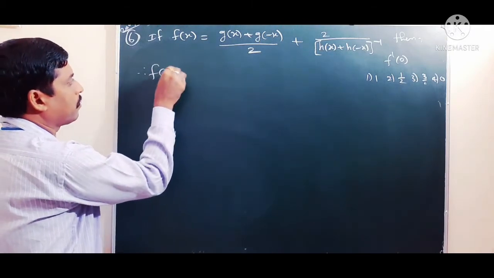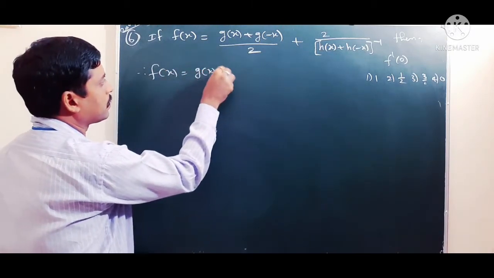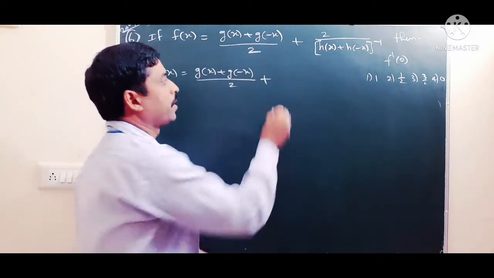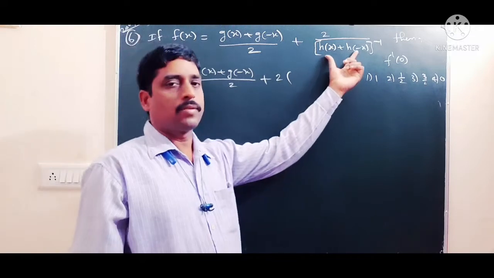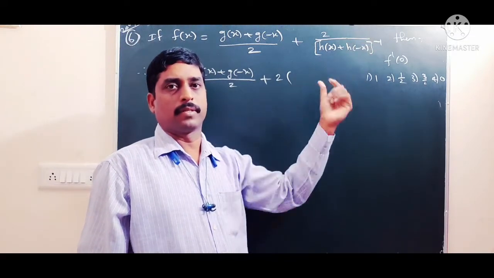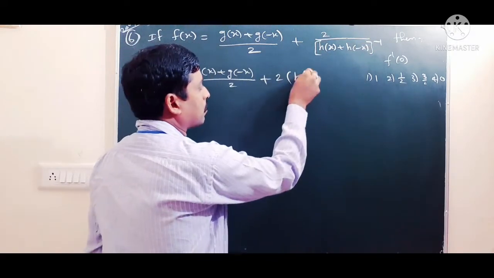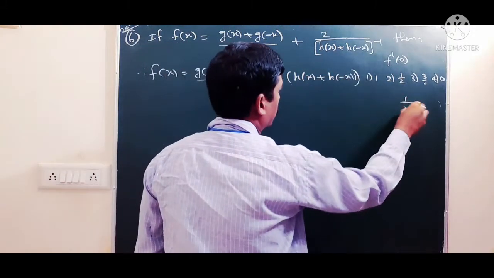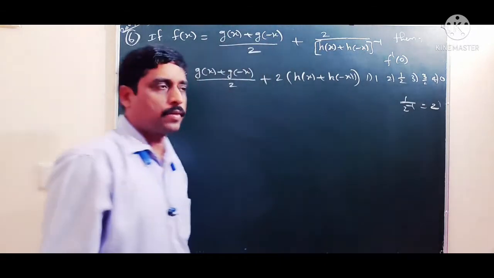What is given: f of x equals (g of x plus g of minus x) by 2, plus 2 into the denominator (h of x plus h of minus x) whole inverse. This means h of x plus h of minus x, and 1 by 2 inverse is nothing but 2.